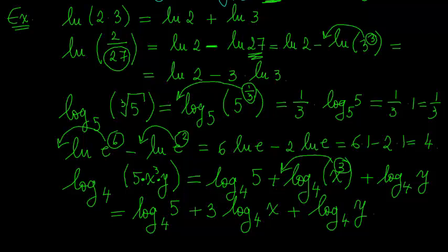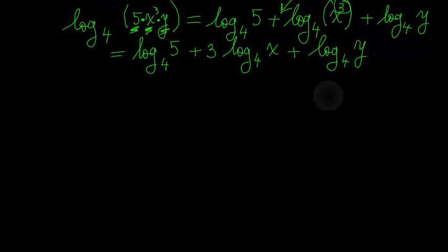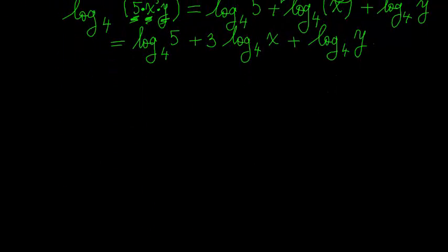First, I split up all the terms that came from separate factors. I got a term for 5, a term for x cubed, and a term for y. And then if there were any powers on my newly formed terms, I got to pull them in front of the log. So let's do another example similar to this one, only a little bit more complicated.